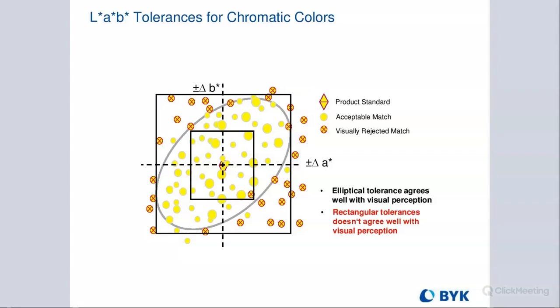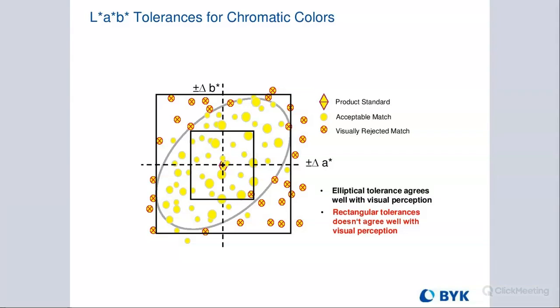Again, we have our original box tolerance in the middle here, with all of our acceptable matches being the yellow circles and everything that was visually rejected as the X'd out circles. If we use a box tolerance system, so this is the delta E star equation, we see that with this smaller box, we're excluding a lot of visually passing samples.